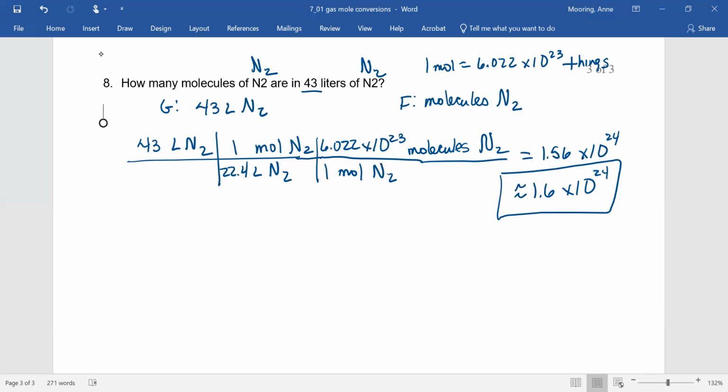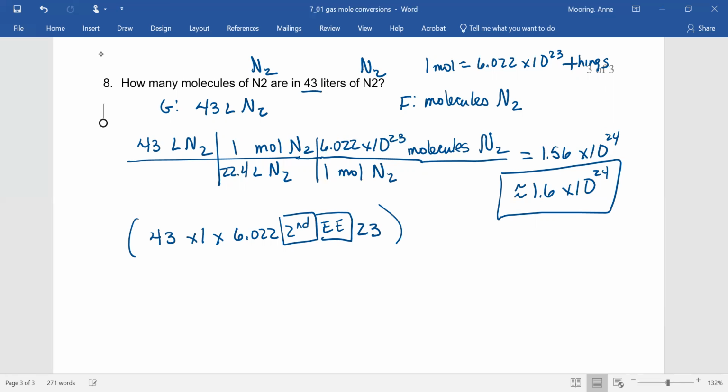Let's go over how to enter this in your calculator. So you would enter in your calculator 43 times 1 times 6.022, second button, EE button. Then you'd enter 23.